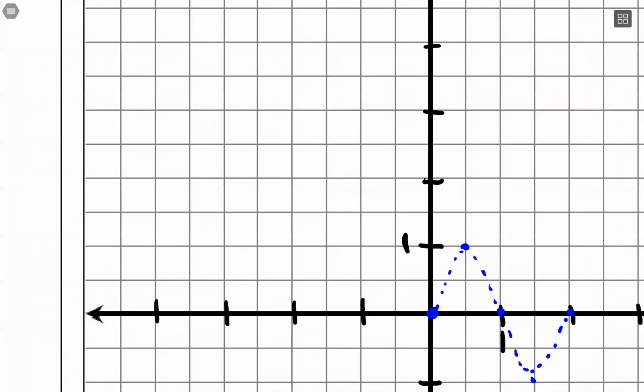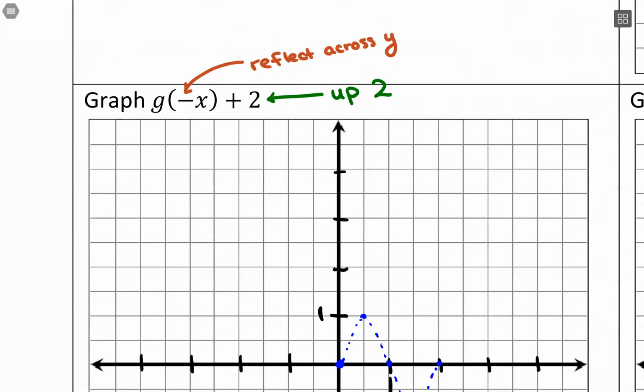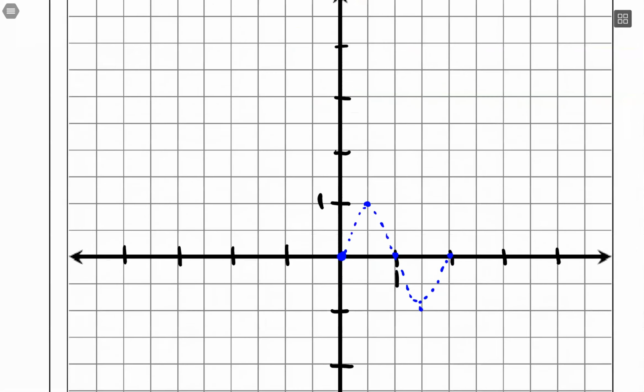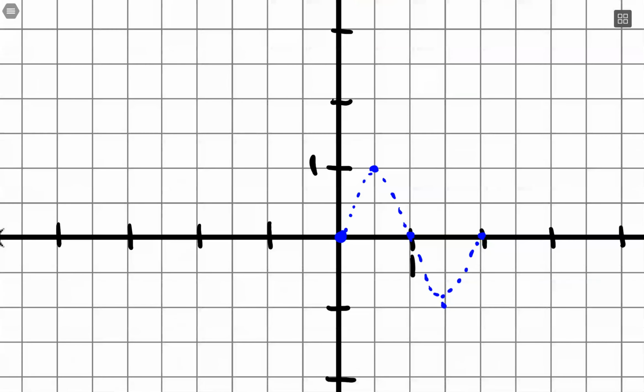So if we go to our function here, I'm going to do the reflection first, and then the vertical shift. So first reflecting. What I want to do is take these values and just move them across the y-axis. So this will be over here, and that 1, 0 is now -1, 0, and then we have a value down there, and then we were at 2, 0, now -2, 0, and then 0, 0 stays.